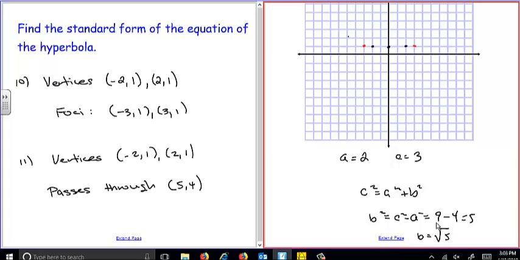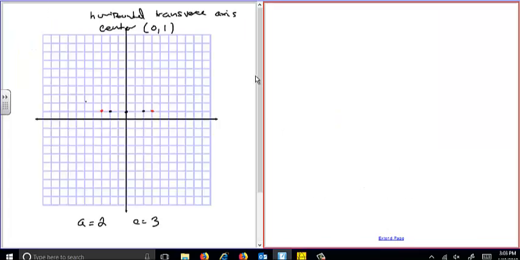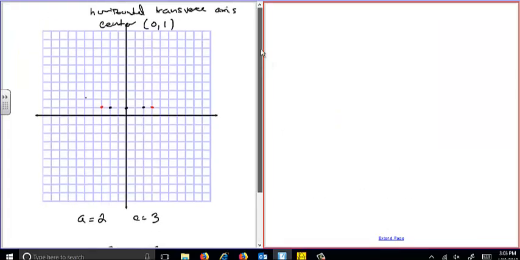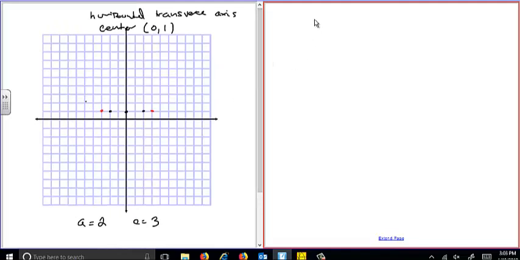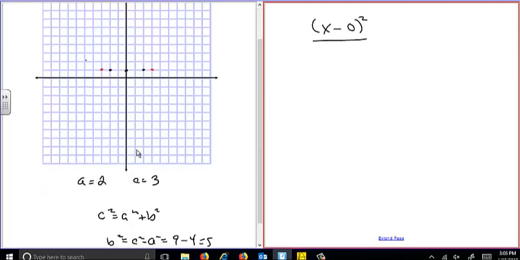Now once you have the center, a and b, and knowing that it's a horizontal transverse axis, you're going to have x minus the x coordinate of the center, which is 0, squared, divided by a squared, which is 4, since a is 2.